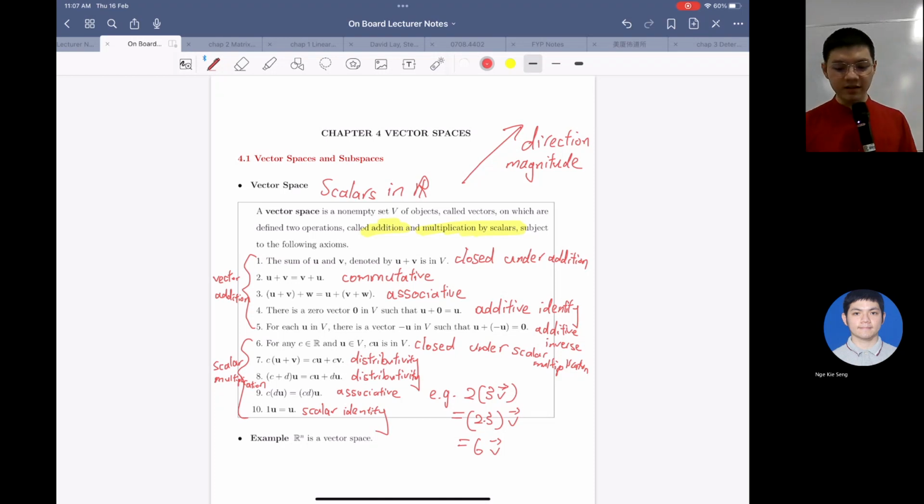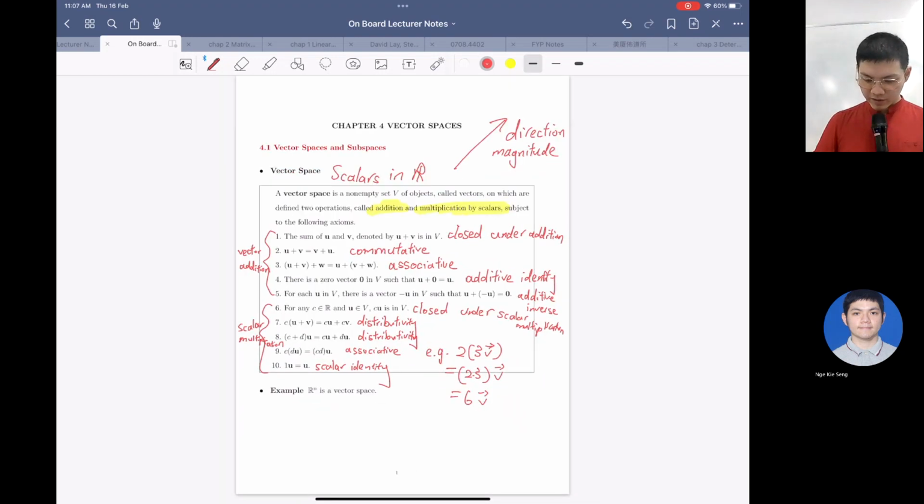For example, we already saw in the past three topics that Rn is a vector space. If you take any vectors from Rn, you have vector addition and scalar multiplication. Remember?